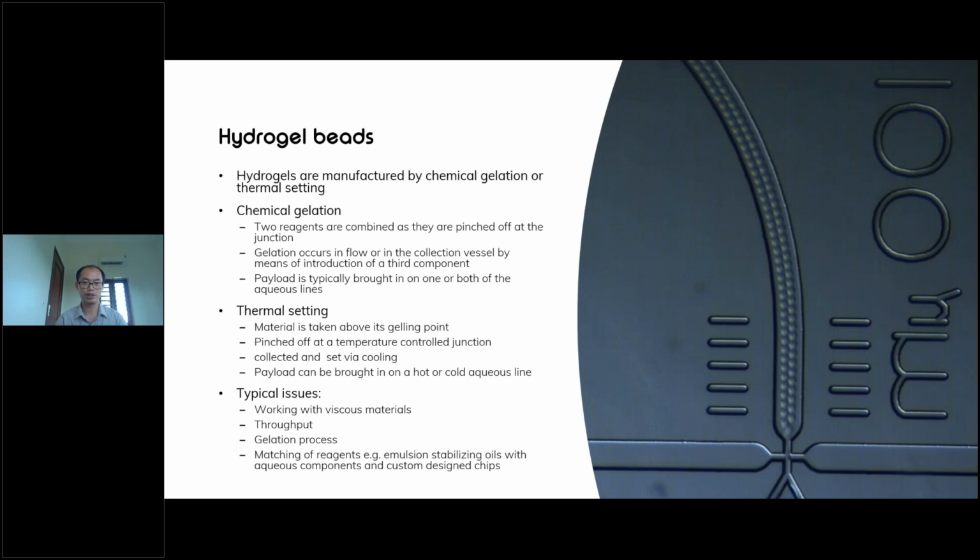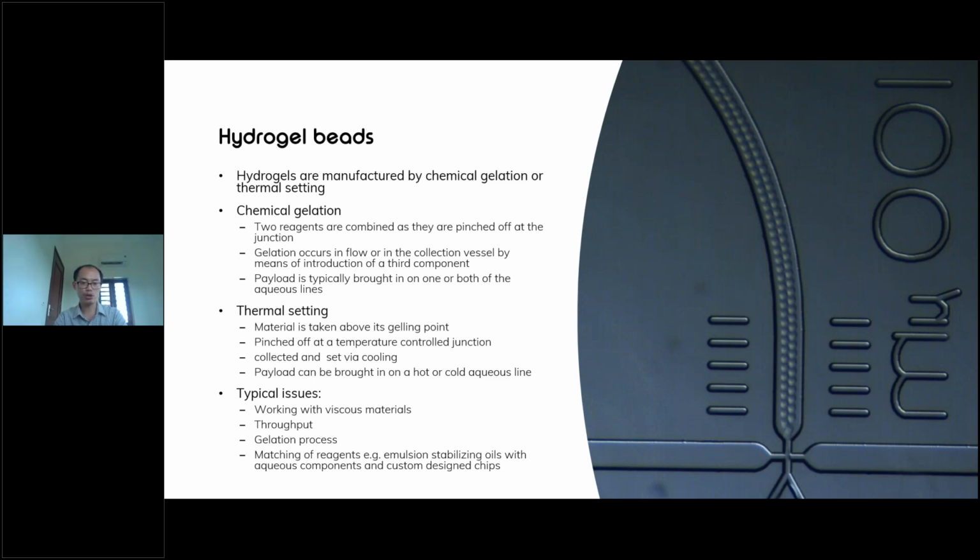Usually with hydrogel production, the material viscosity is very high, so it can cause high back pressure and high flow resistance. And because we work with viscous material, it can have challenges in output. So it's not easy to increase the output of product when we use high viscosity material.